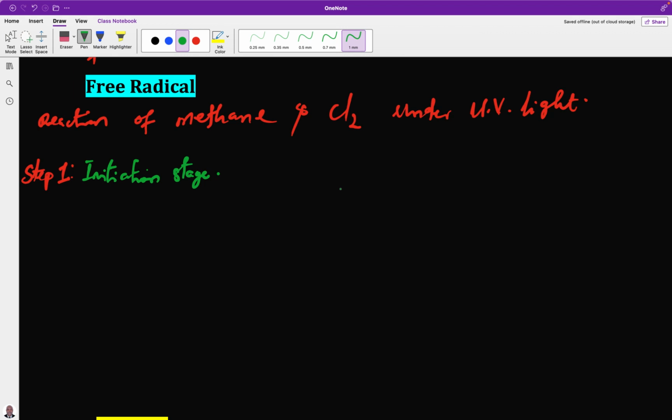Under this initiation stage, the molecule of chlorine that we are going to use is chlorine under UV light. Let me just put this to be homolytic fission.